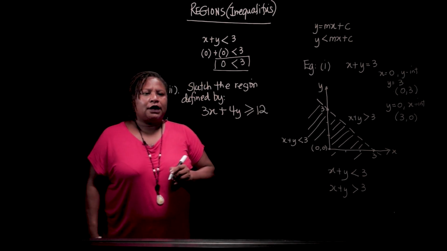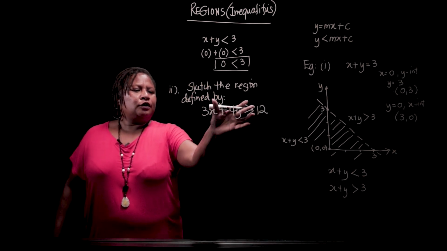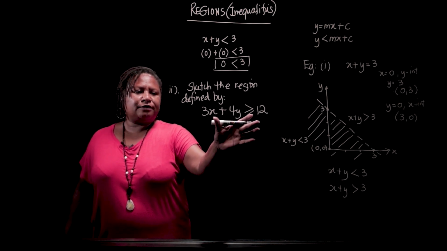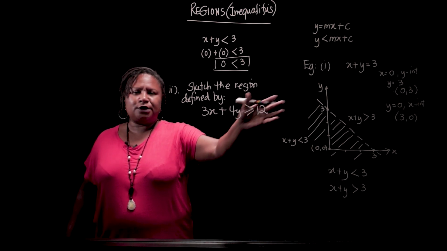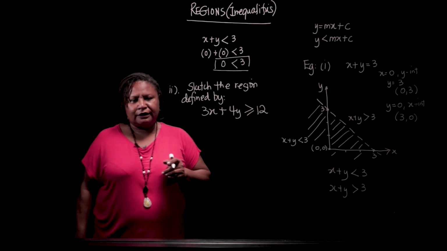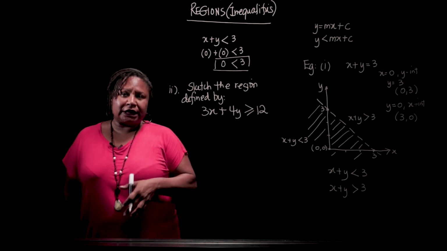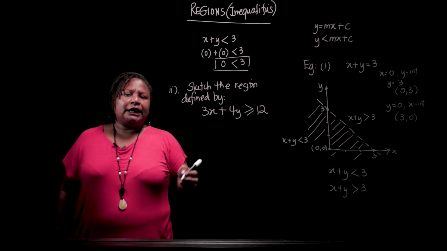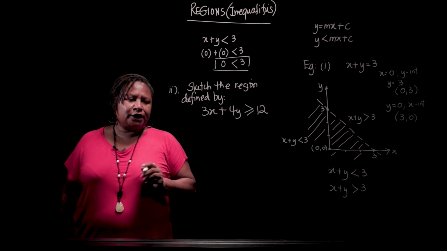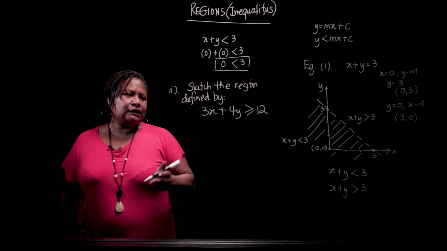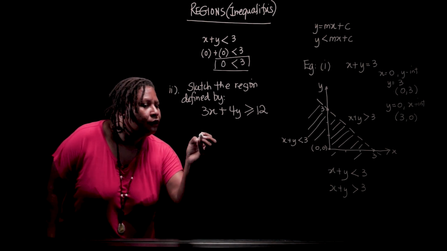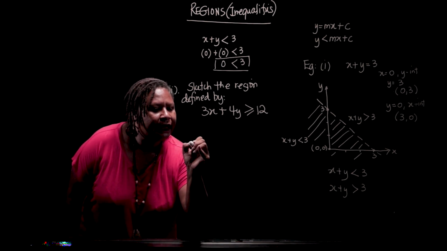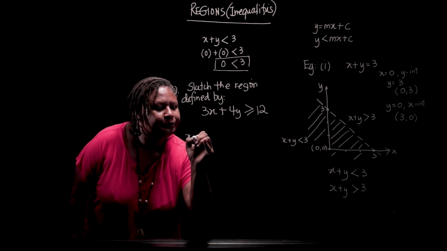Now we need to show the region that is defined by this inequality using a Cartesian plane. We're going to use the same steps. Find the x and y intercepts first, and then plot the line in so that we can see the two regions.